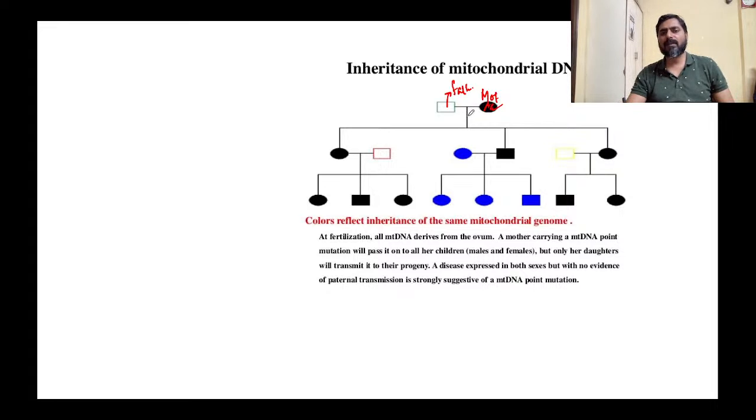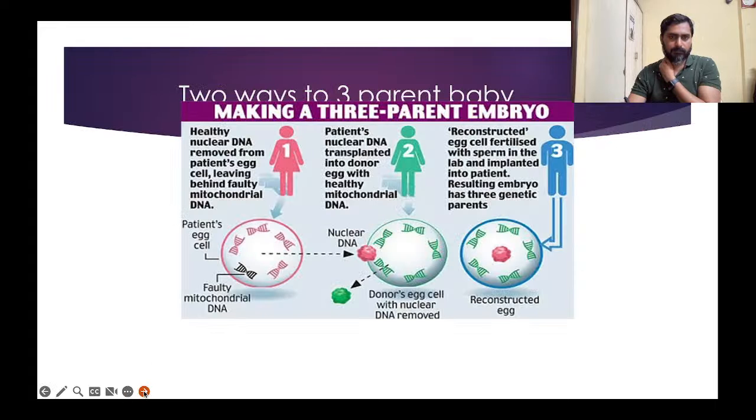You can see that the next generation that is born is having this defective mitochondria. So it is being passed from the mother to the child. There are two ways of getting this done, or how we go for replacement therapy.